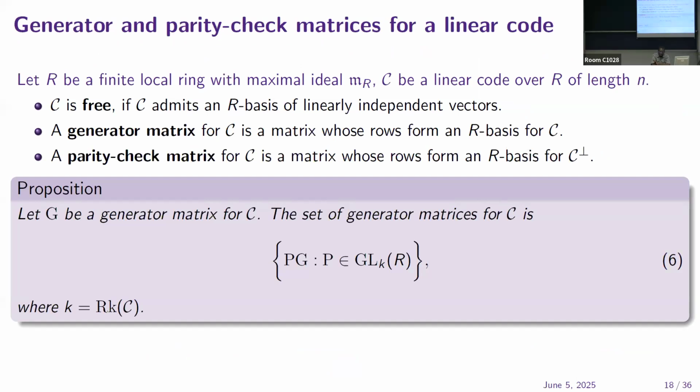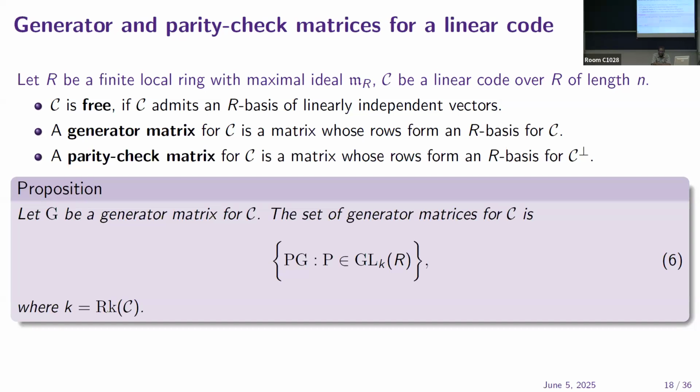The generator matrix of the linear code is the matrix whose rows form an R-basis for C. If the elements in this basis are linearly independent, we say that the basis is free. A code is called free.